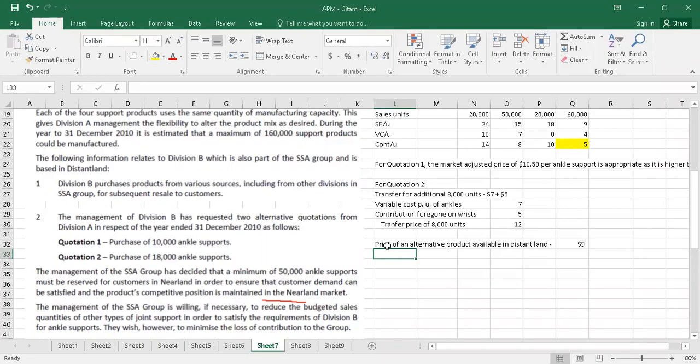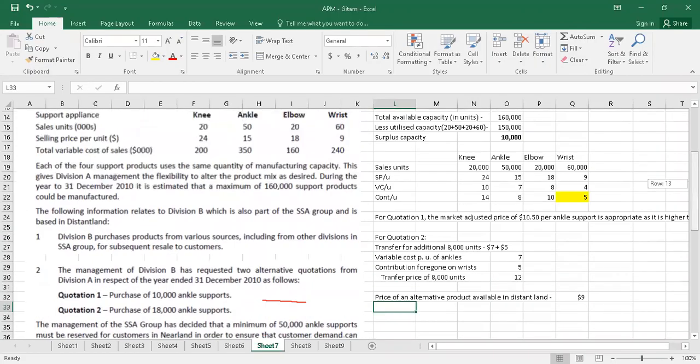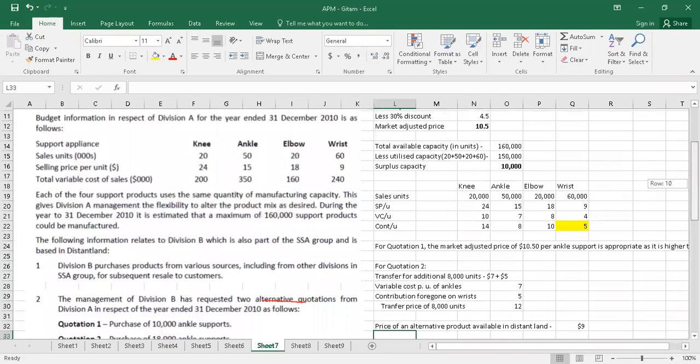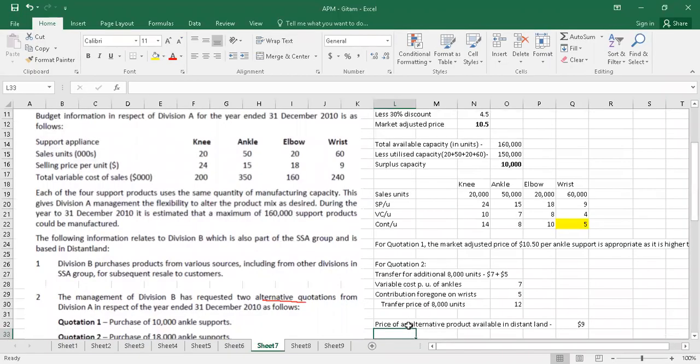Instead of buying it at 10.5 from division A, they would rather buy it from the local market at $9. So it is beneficial for division B. Done. Now we have to look at the benefit of the SSA group. In that case, is it beneficial that division B buys it from the local market at $9? Cost wise, it's beneficial, ma'am. Beneficial for division B. What about division A?